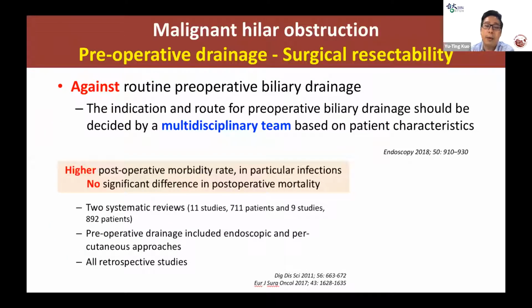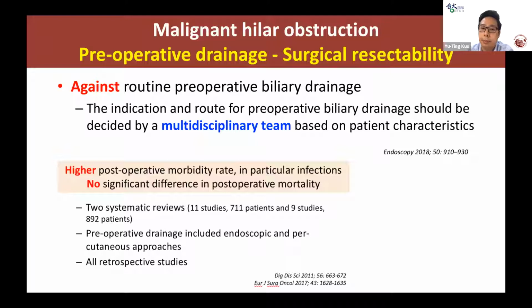First, I will talk about pre-operative drainage in this kind of malignant hilar obstruction. You need to discuss with your surgeon the value of pre-operative biliary drainage, because the 2018 ESGE guideline is against routine pre-operative biliary drainage.